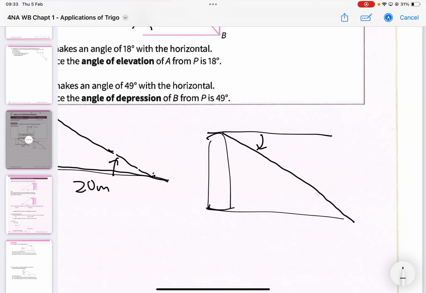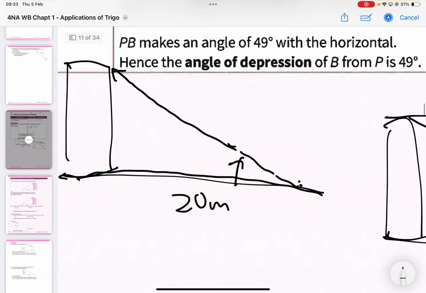This is the angle of depression. So depression, as the word suggests, is down. It goes downward. Elevation is going up, so when it goes upwards, measuring this angle, it is called the elevation. So all your angle properties still apply.